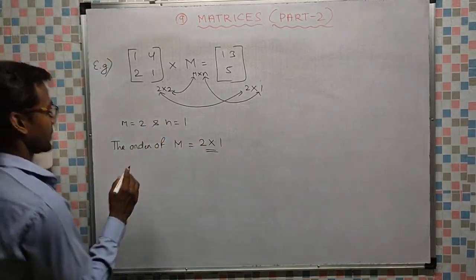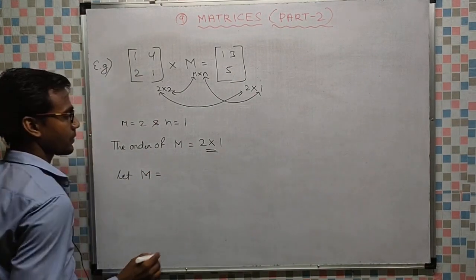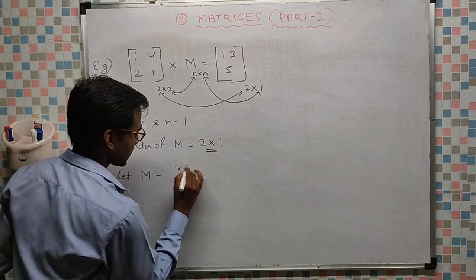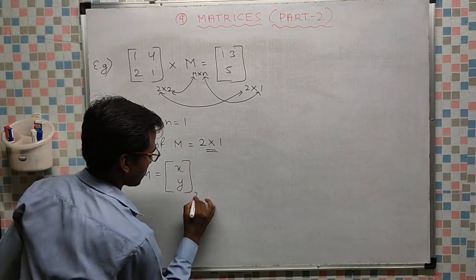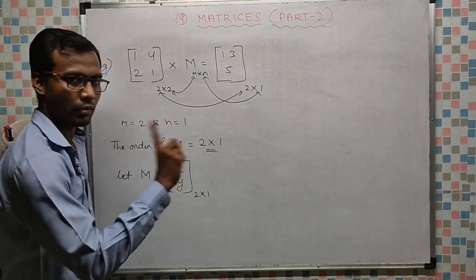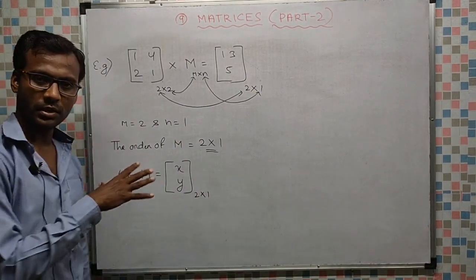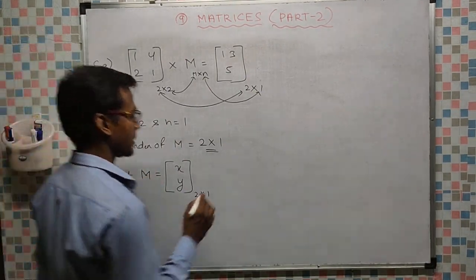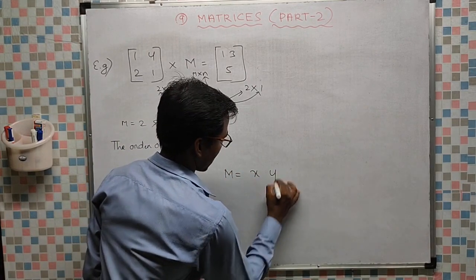So let M is equal to [x; y], order 2 by 1. You can see there are 2 rows, 1 column. Do not change the order. Sometimes students commit a mistake here and write let M is equal to [x y].